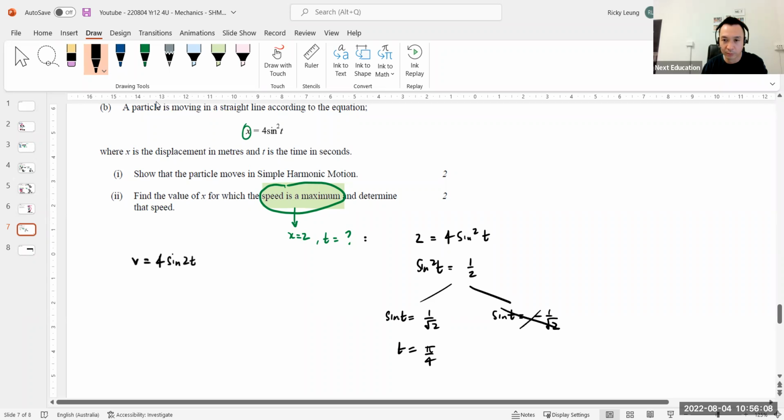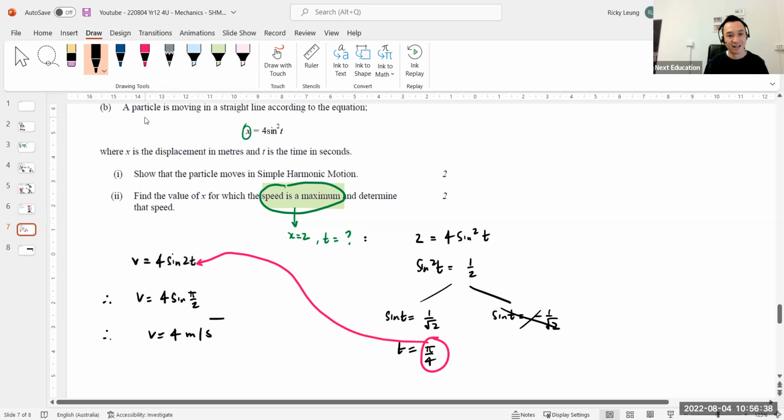Pi/4, sub that into there to get the value of speed, right? Because I reckon when you go the other side, it'll be like negative pi/4 or something that when you sub in, it becomes -1. But for now, therefore, the speed is 2 times pi/4, so pi/2. Sin pi/2 is 1. Therefore, v is 4 meters per second as speed, right?